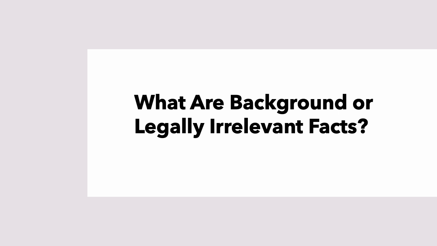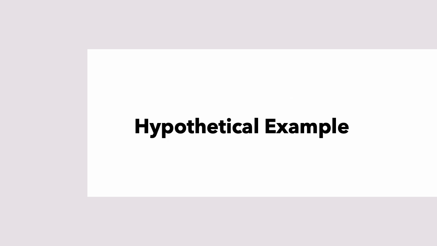So in legal writing, our job is going to be to filter through the noise and focus on what truly matters. A well-written legal document is precise, and it avoids unnecessary information that can distract from the core legal arguments. So let's put this into practice with a hypothetical scenario.